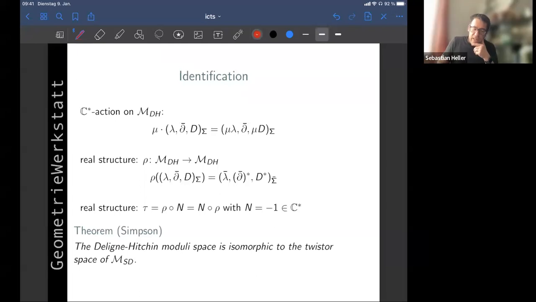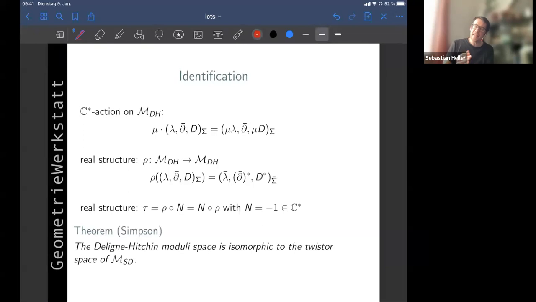So the theorem, which was basically written up by Simpson, but the main motivation behind this definition, is that these glued copies of the Hodge moduli space, which give us the Deligne-Hitchin moduli space, is actually the twistor space of the moduli space of solutions of the self-duality equations.